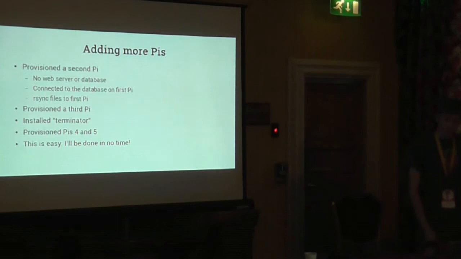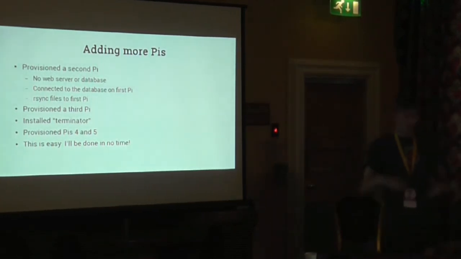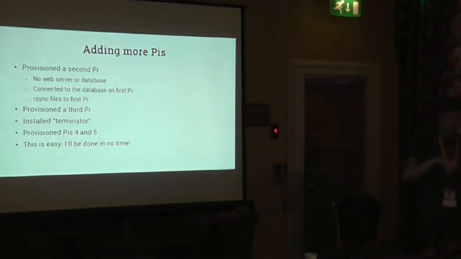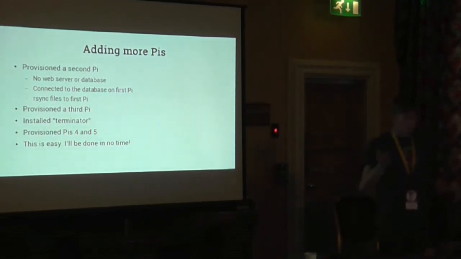But just looking at how I got started with that, I provisioned the second one, but this one didn't have the web server and it didn't have the database on it. It connected to the database on the first Pi. It rsynced the files over to the first Pi and put those in the web directory. And I got it running and it was up and building. I provisioned the third Pi. Then I installed something called Terminator, which allows you to manage multiple SSH sessions in one go.